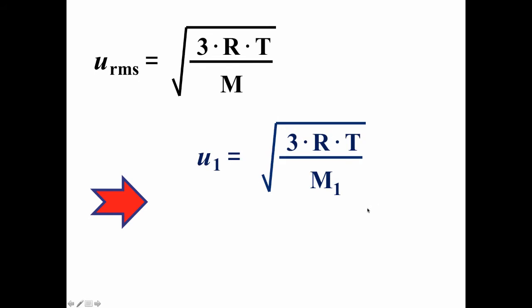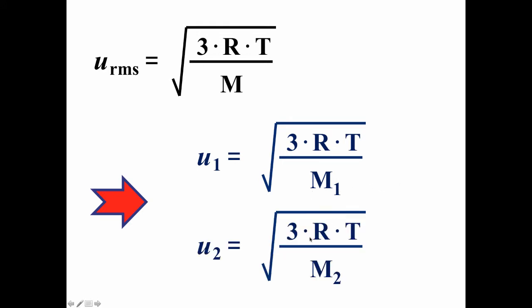And if we consider having two gases, then gas 1 would have its root mean square speed equal to the square root of 3RT over the mass of its molecules, and gas 2 would have its root mean square speed equal to the square root of 3RT over the mass of its molecules.